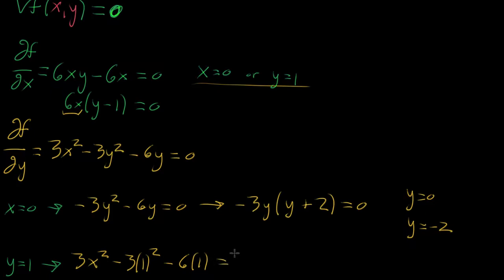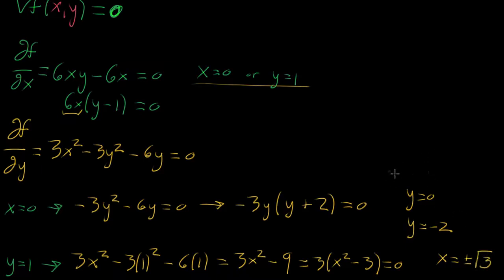And that whole thing is equal to 3x squared minus 3 minus 6, so I'm subtracting off 9. From here I can factor out a bit, and this will be 3 multiplied by x squared minus 3. And since this whole thing has to equal 0, that implies that x squared minus 3 is equal to 0. So we have x is equal to plus or minus the square root of 3.